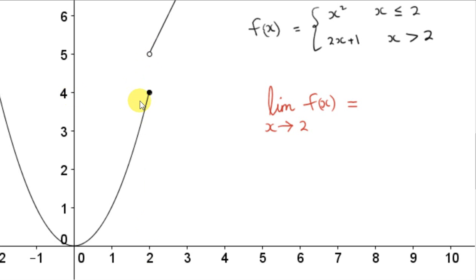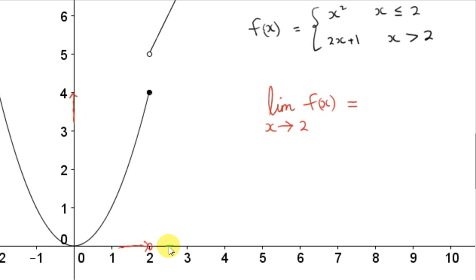Now you can see that as x approaches 2 from the left, so x approaches 2 but never actually reaches 2, we could circle this point out, f of x approaches 4 from below.